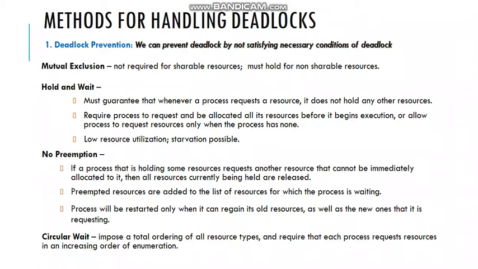Okay, if it holds and if it is waiting, what we can do is we can preempt. That is the third one, no preemption. So since deadlock is telling we cannot preempt the process, what we can do is we can incorporate a protocol such that a process can be preempted. How can we do it? If a process that is holding any resource requests other resources, and it cannot be given immediately, then that process is preempted, so that all its allocated resources are released.